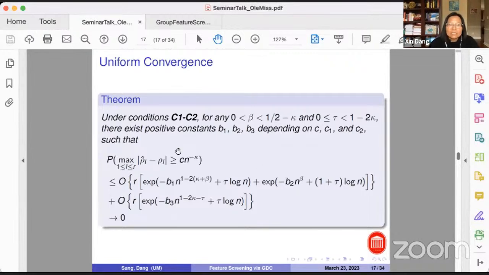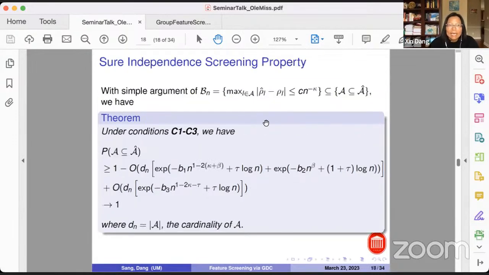We will see the idea of how to prove this later. And with some simple arguments, we have the sure independence screening property. If B_n is a subset of those, then for the probability of B_n, you have already proved the exponential convergence rate.